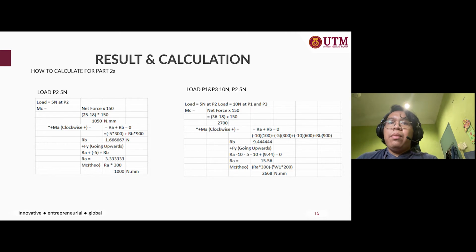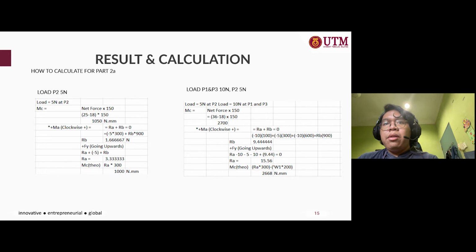So from there, we'll be finding the moment at point A. Then from there, moment from point A, clockwise positive, then we'll be getting RB. So RB will be 1.67. Then from there, we can get RA, which is 3.33. So there, we can get the bending moment at C theoretically, which is RA times 300. We'll be getting around 1000 Newton millimeter.